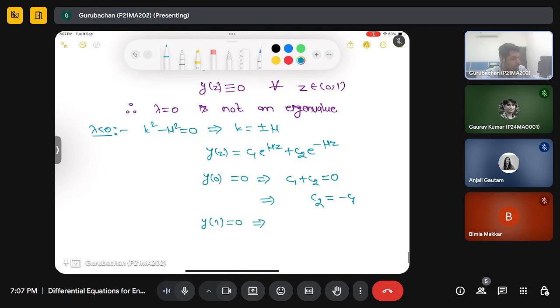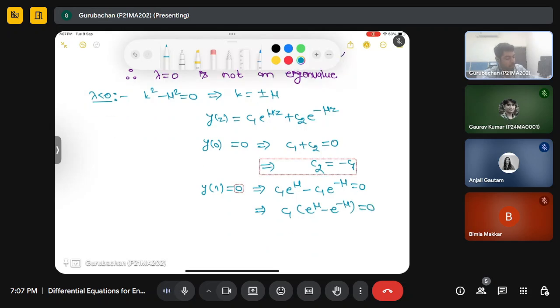This will imply that c1 e to the power mu, since c2 is minus c1, minus c1 e to the power minus mu is 0. So this will imply that c1 times e to the power mu minus e to the power minus mu must be 0. Can it be 0? If you recall the graph of the exponential, this is the graph of e to the power mu, and this is the graph of e to the power minus mu.